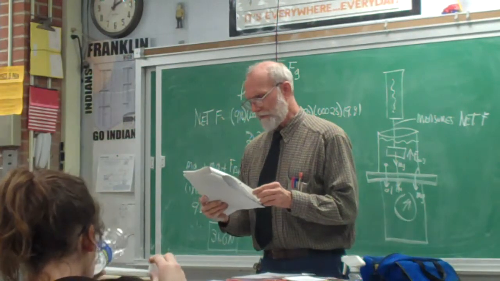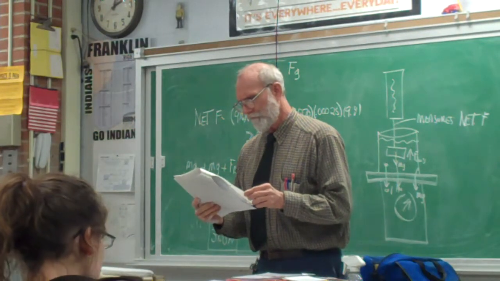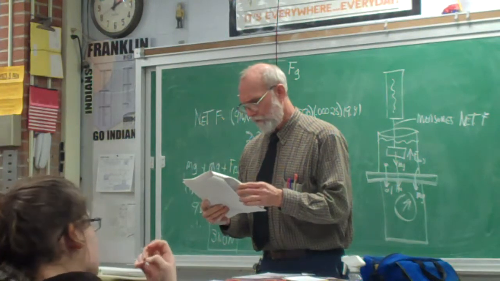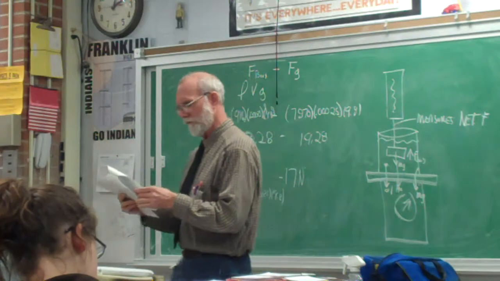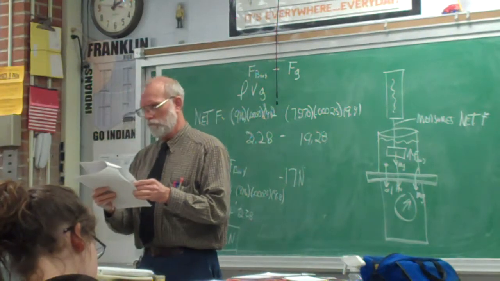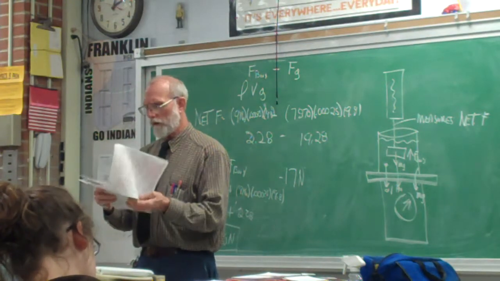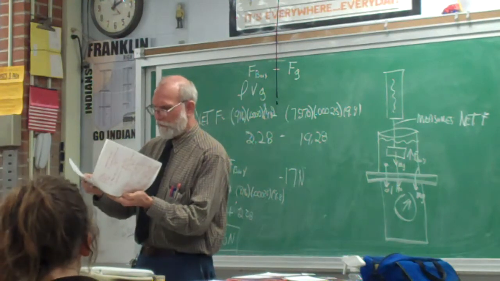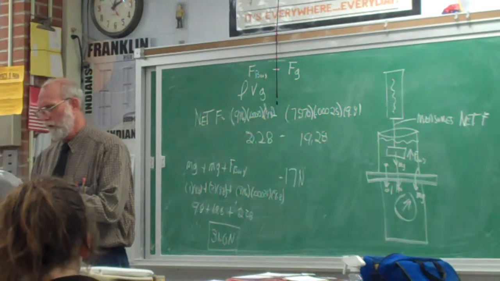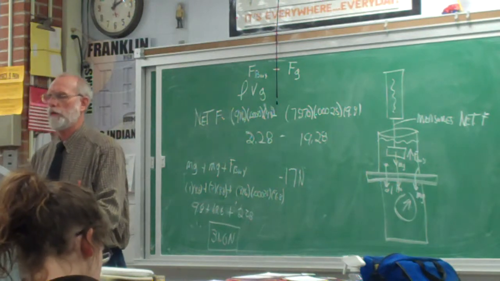For number 6, I've got the height equal to 0.063 meters. This is a raft sitting in the water. How deep is the bottom of the raft below the water?